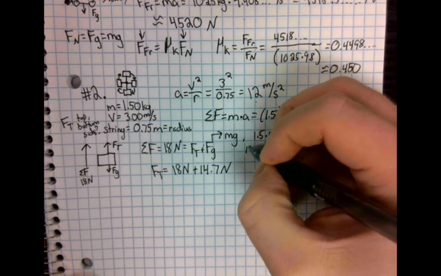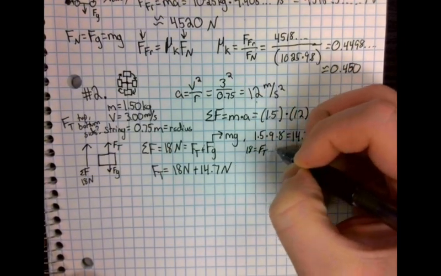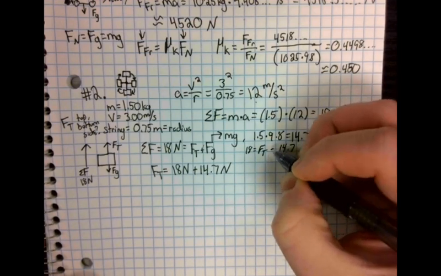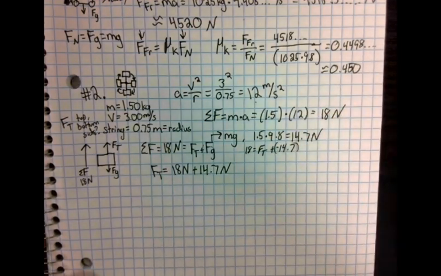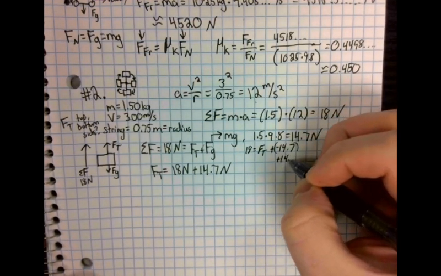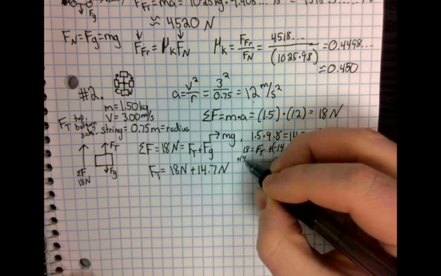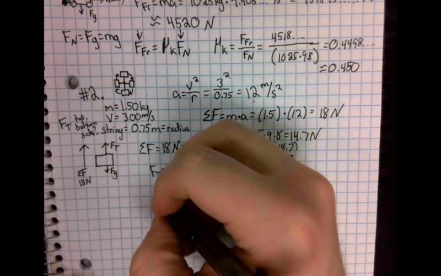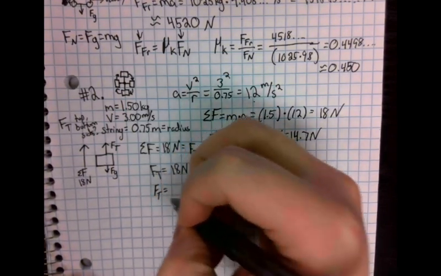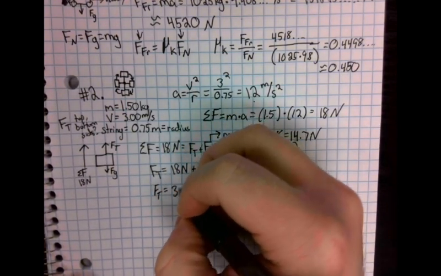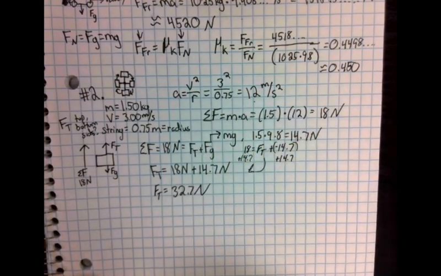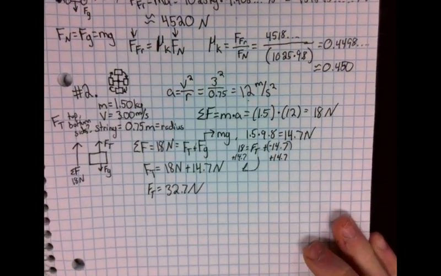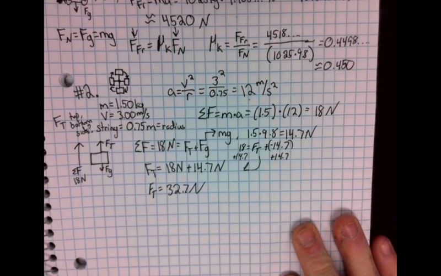So we would get 18 equals Ft minus 14.7, or plus negative 14.7. Then we'd add 14.7 to each side, and that would give us this over here. So 18 plus 14.7, our force of tension in the vertical direction is going to equal 32.7 newtons. Okay, simple enough.